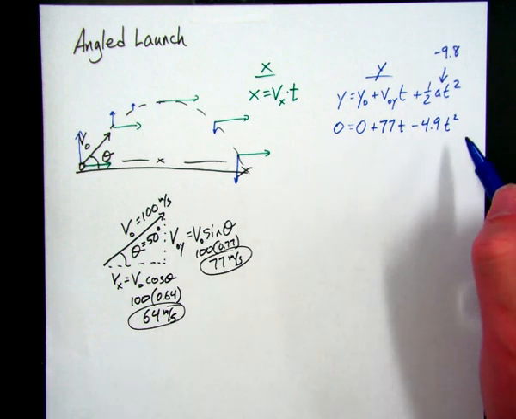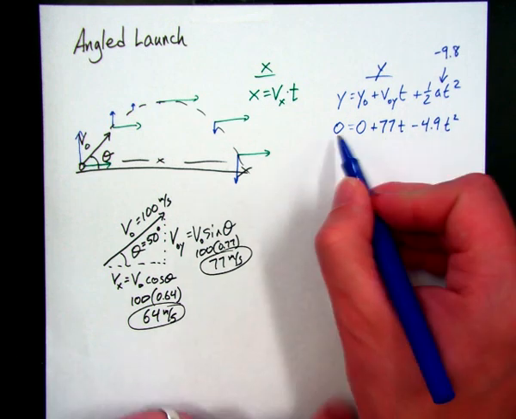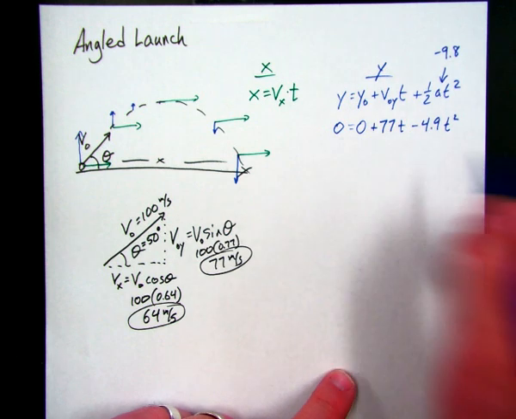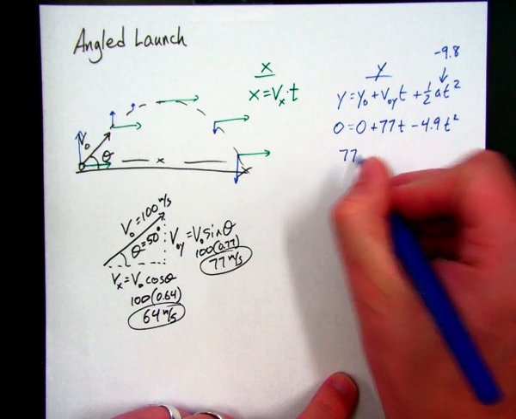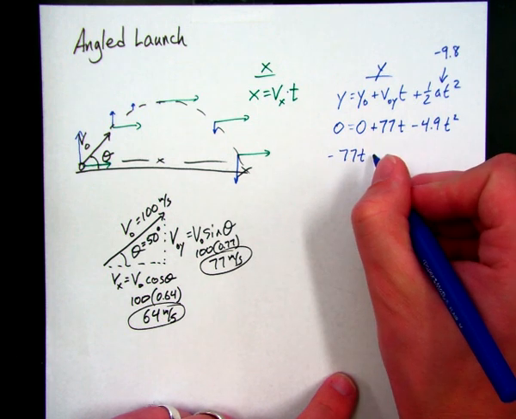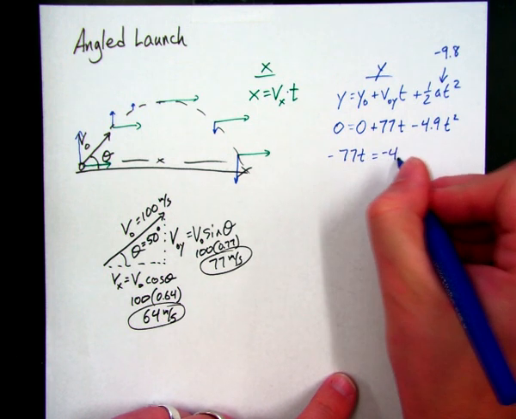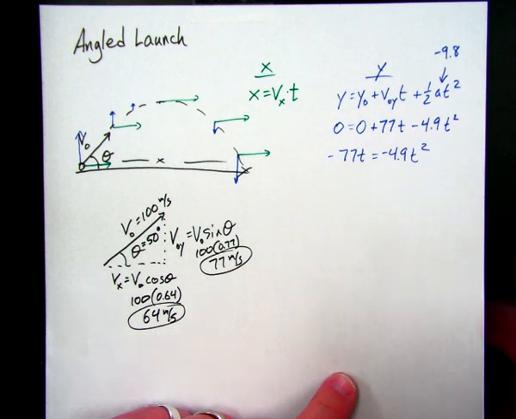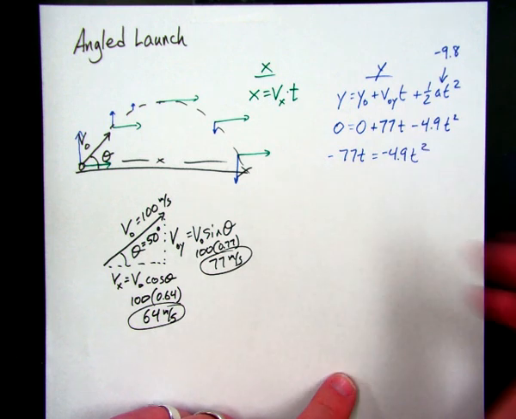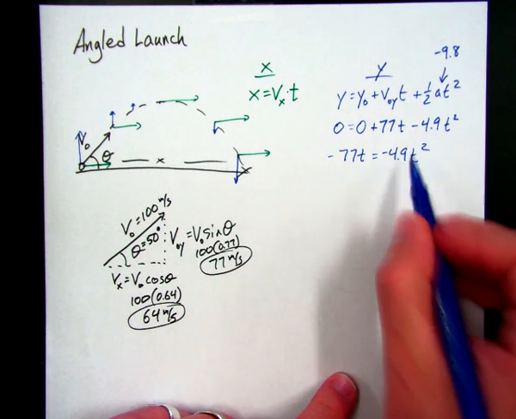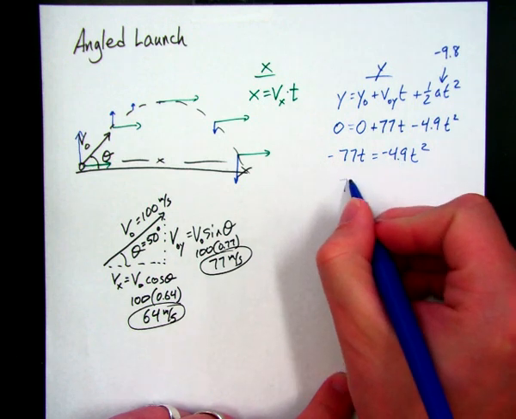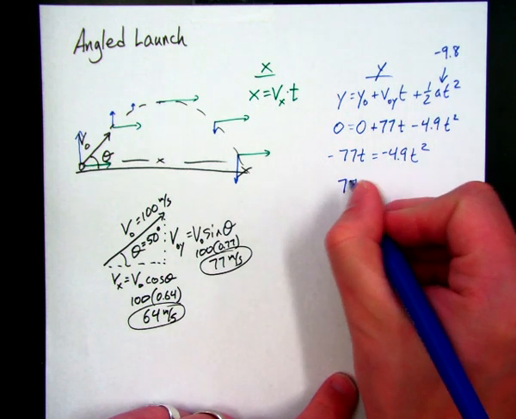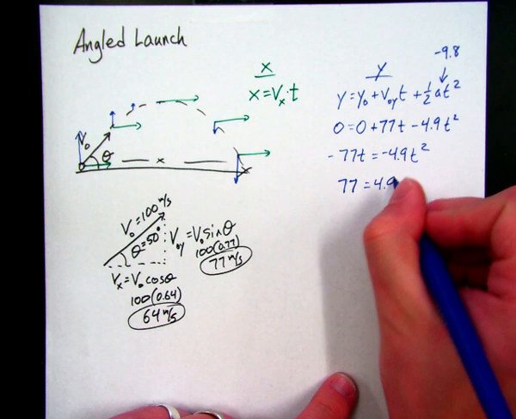This looks a little complicated, but because there aren't any terms without a t, I realize that t is going to drop out. So I'm going to subtract 77t from both sides. And now I can divide both sides by negative t to cancel the negative sign and to remove a t from both sides. So I have 77 equals 4.9 t.